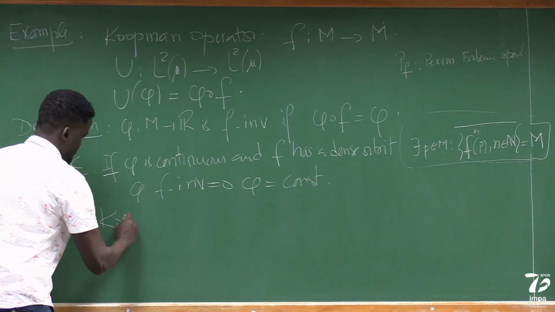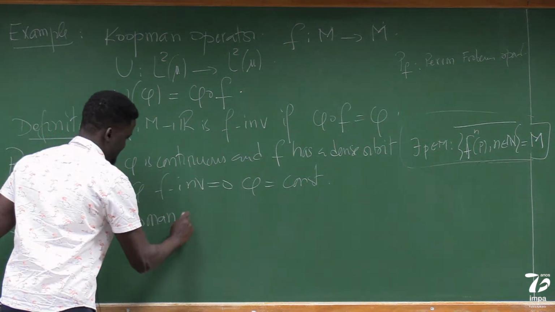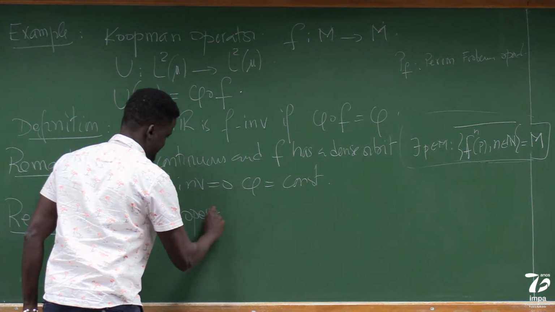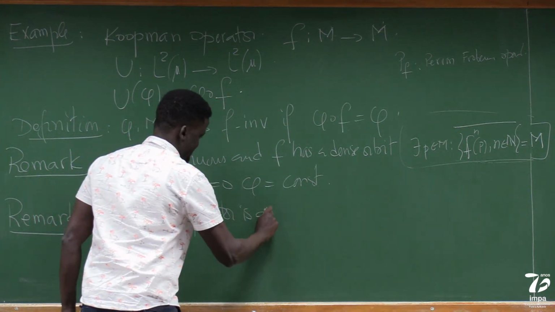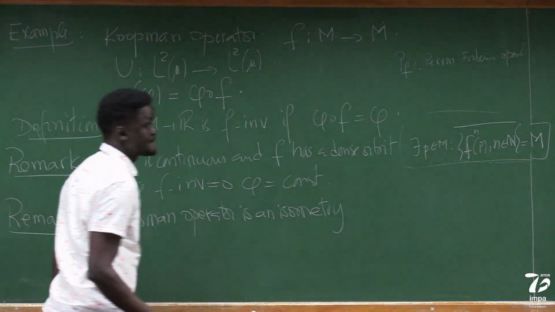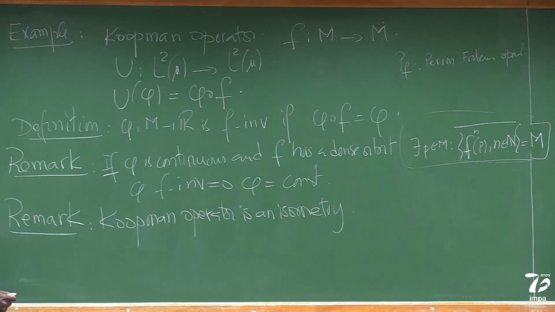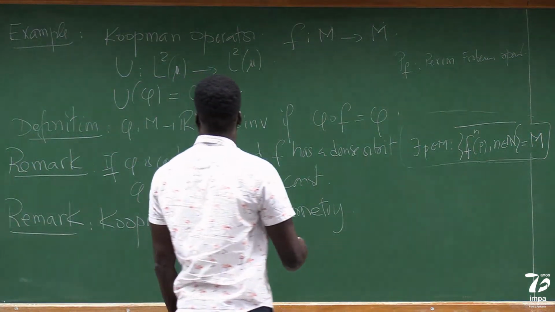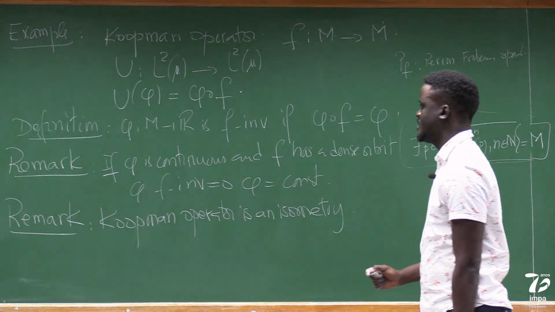Koopman operator is an isometry, under invariance.